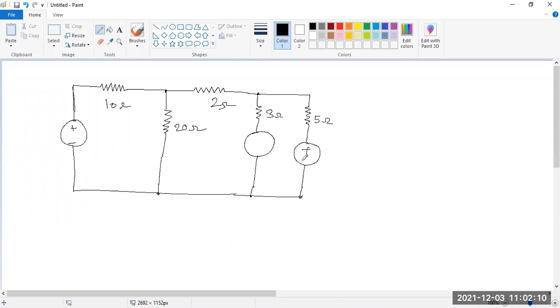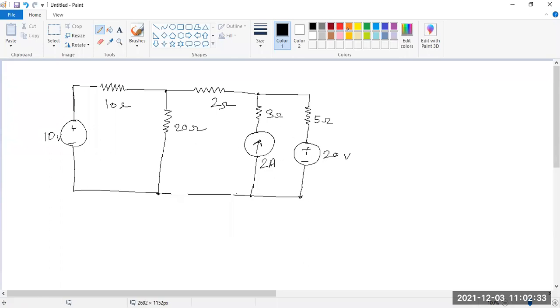This is plus, this is minus. Okay guys, I am giving you this example so that you can solve it on your own. Maybe time is very less.